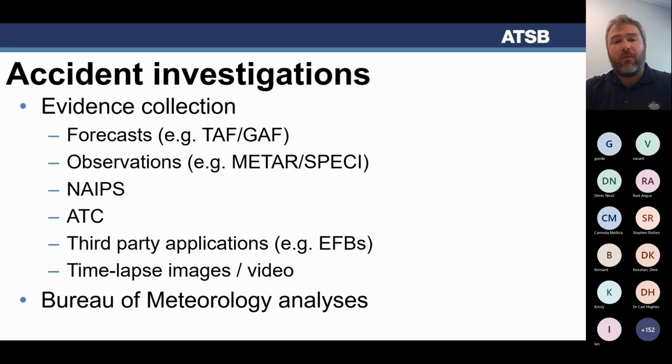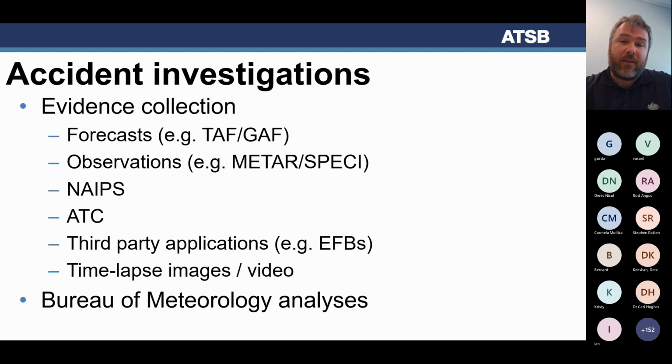So I'll run through as an accident investigator what we would do to, I guess, come to these conclusions, and typically the evidence that we would collect following an accident, just for some background information. And so obviously we'd firstly get things like forecasts, TAFs, and the GAFs, observations.